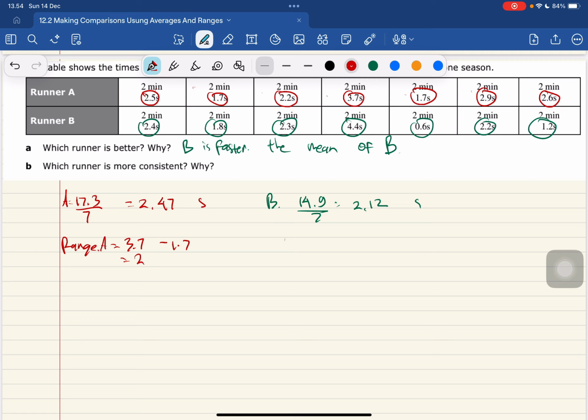For B, we got 4.4 minus 0.6, which is 3.8. So A is more consistent, because B has a range of 3.8 seconds while A got only 2 seconds.